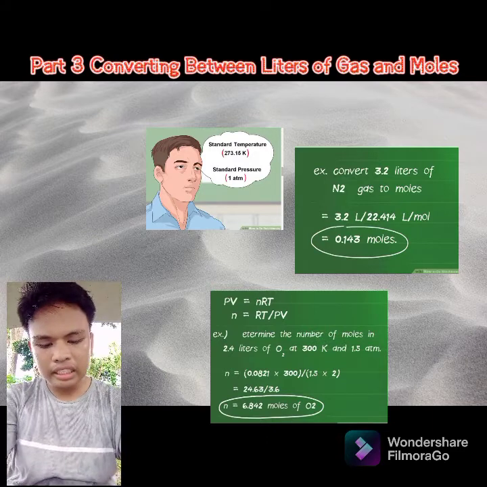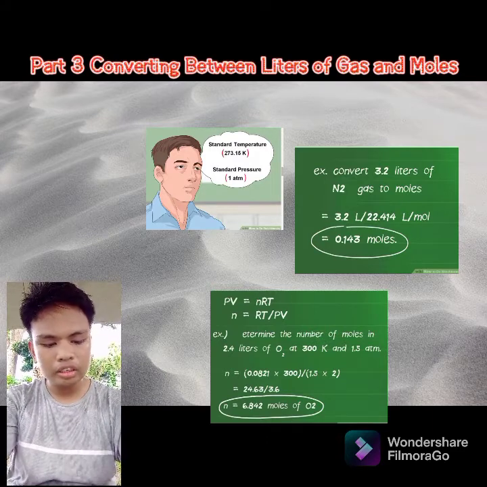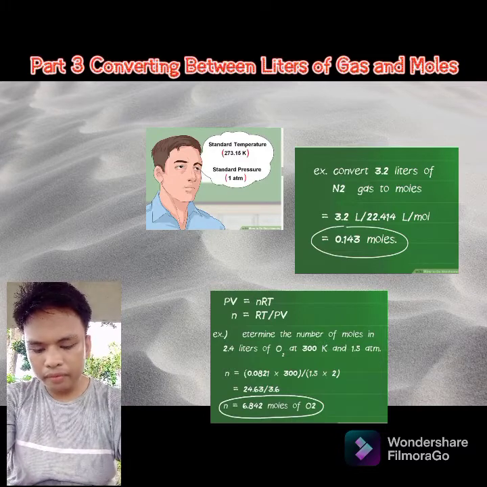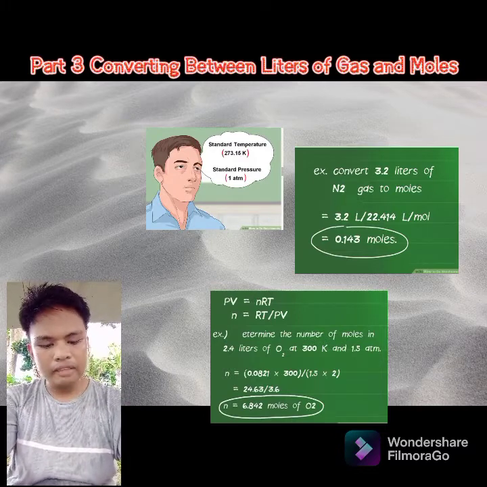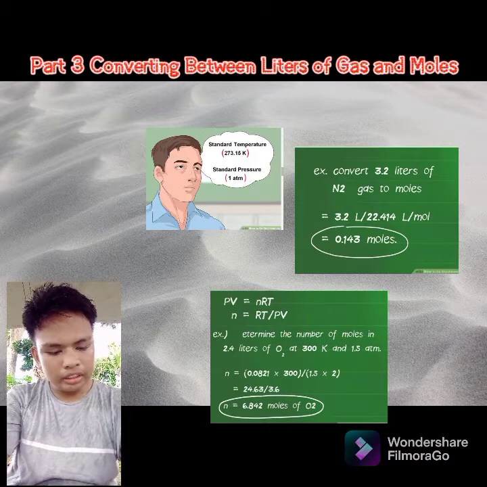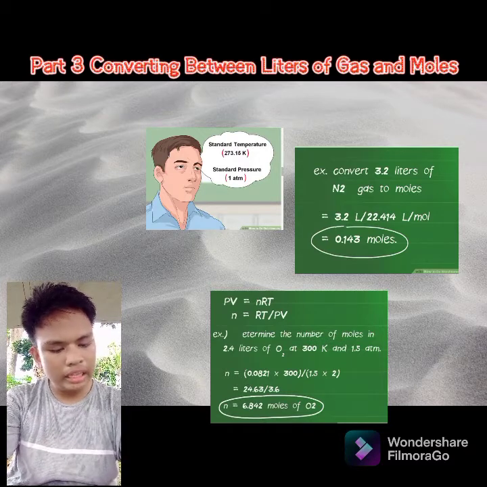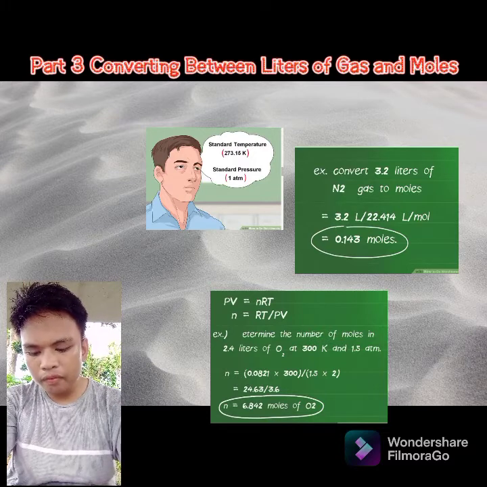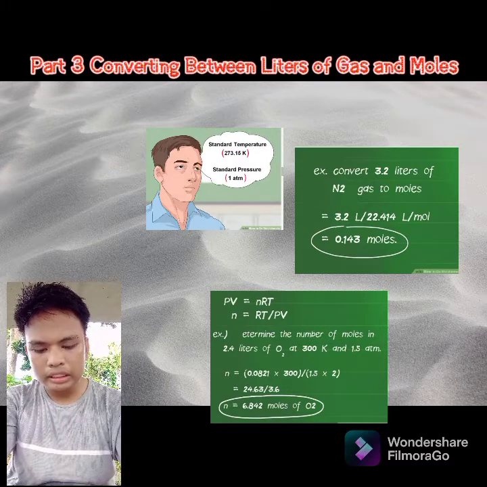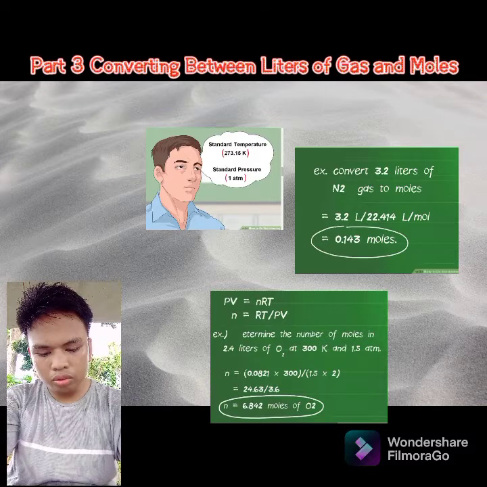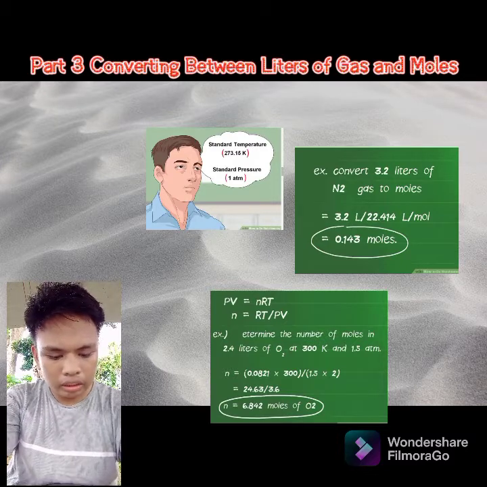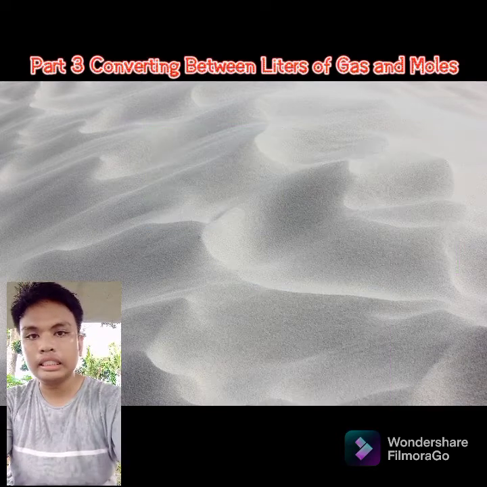For example, determine the number of moles in 2.4 liters of oxygen gas at 300 K and 1.5 atm. Plugging in the variables yields n equals 1.5 times 2.4 divided by 0.0821 times 300, which equals 3.6 divided by 24.63, or 0.146 moles of oxygen gas.